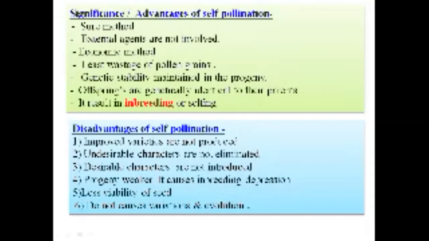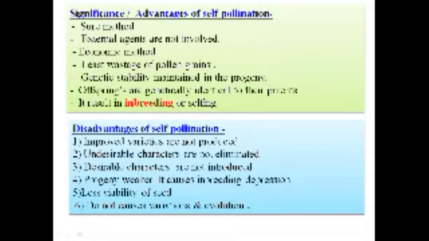Disease resistant capacity is low in a progeny obtained by self-pollination, and it does not cause variation that leads to evolution. So these are the drawbacks or disadvantages of self-pollination.